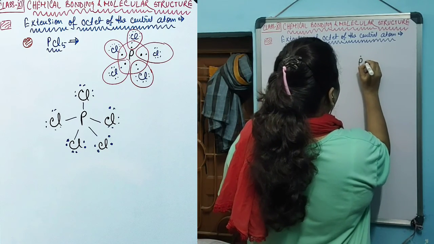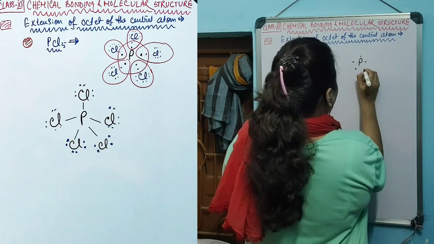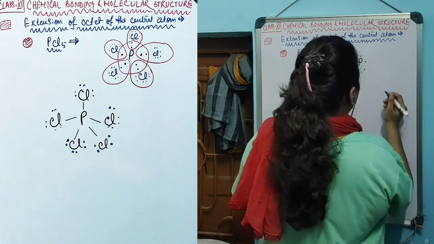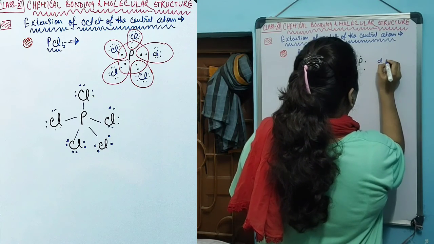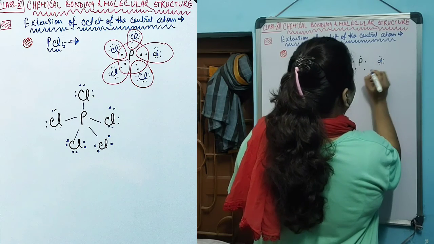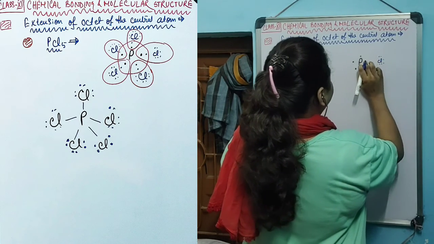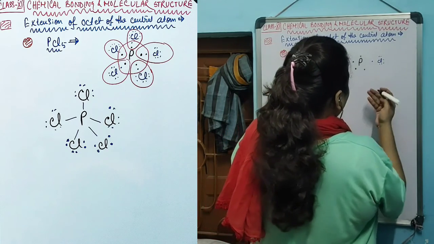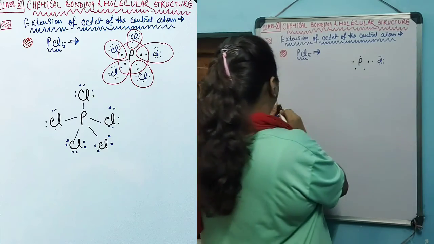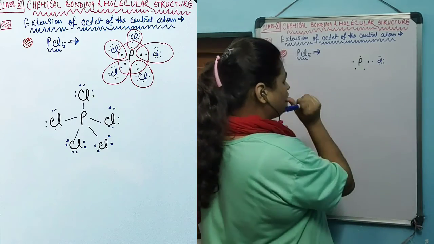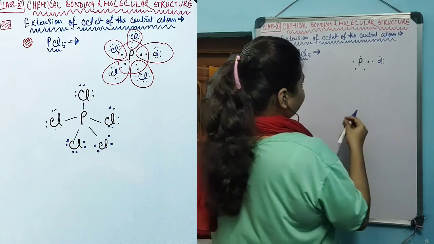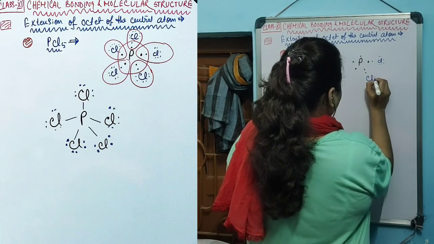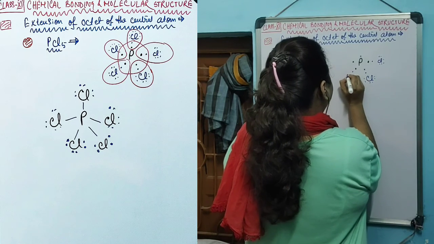Phosphorus possesses 5 electrons in its valence shell. 5 chlorine atoms, each possessing 7 electrons, provide 1 electron to pair with one of the 5 electrons of phosphorus, and thus each completes its octet.